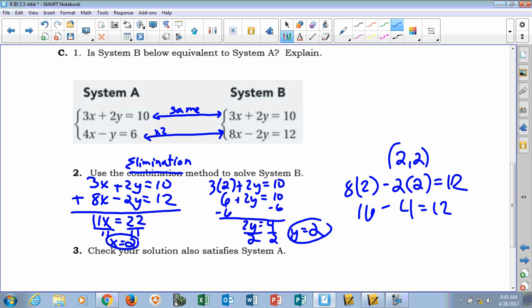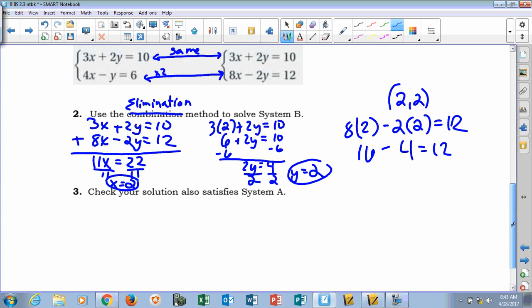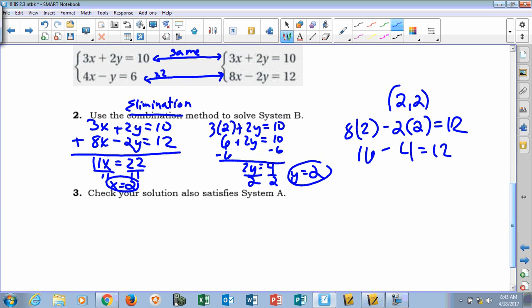Well, now it says check your solution so also satisfies system A. Well, we know the very top one, it satisfies, right? Because we just checked it here, right? I mean, I guess we can humor them if they want to. 3 times 2 plus 2 times 2 gives you 10.